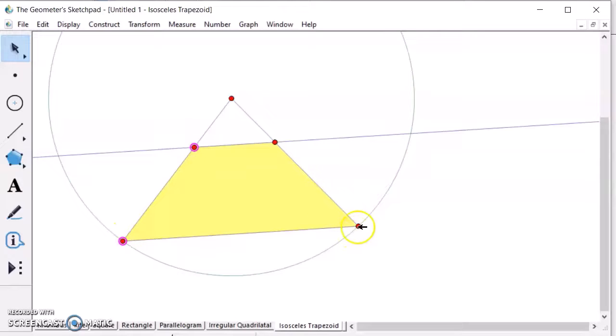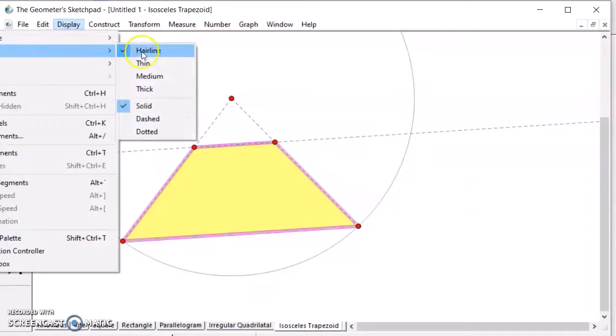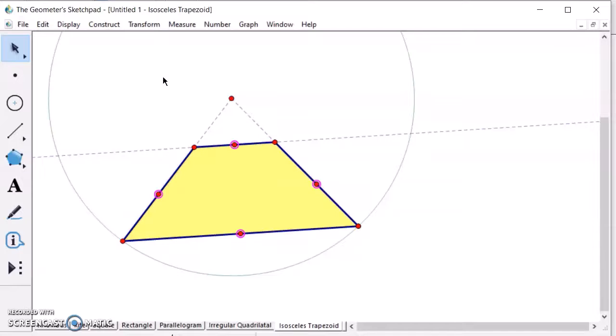And let's focus on the sides of our isosceles trap. And then our midpoints and the shape that is formed when we join consecutive midpoints.